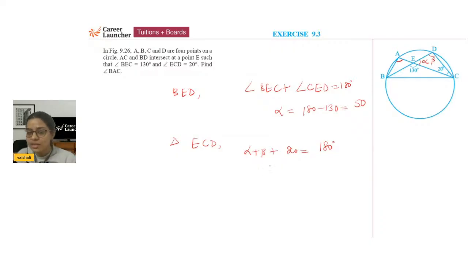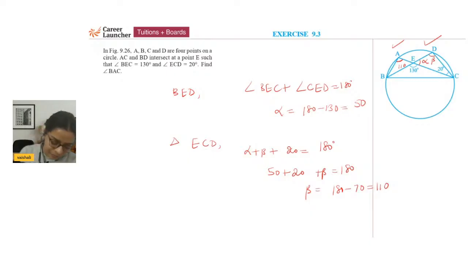My alpha is 50, so 50 plus 20 plus beta is equal to 180. My beta is 180 minus 70, which is 110. And again, I'll apply the same concept that my angle A is equal to angle D, which is equal to 110. So if this question is clear, we are also done with this part.